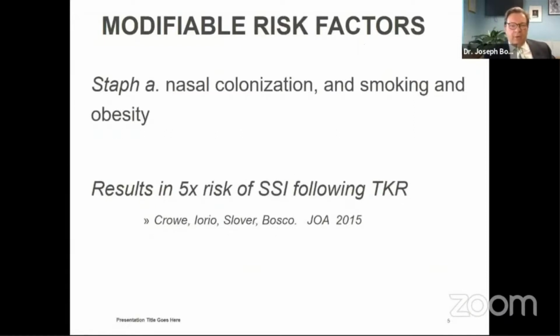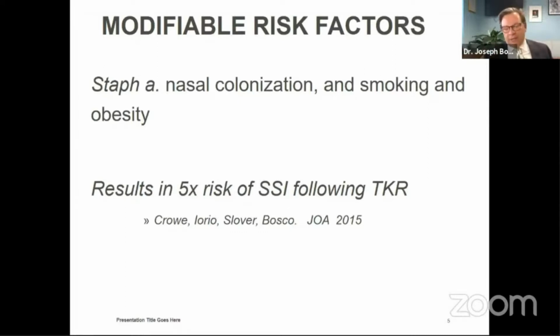And we did a study where we looked at our patients that had staph in their nose, that smoked, and were obese. And we published this 5 years ago, and there was a 5 times higher risk of infection following knee replacements. So when a patient comes to your office looking for a knee or hip replacement, they say, "What's the infection rate?" You can say, "Well, my infection rate's less than 1%."